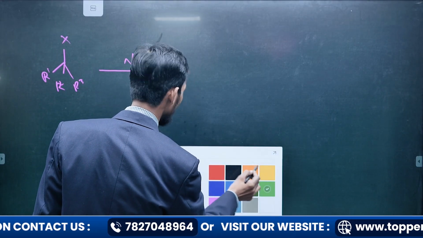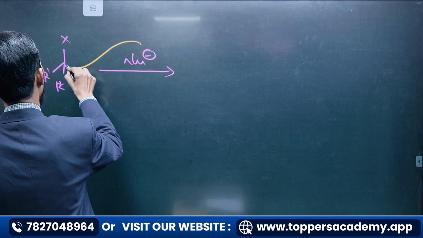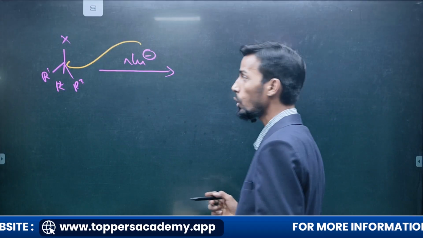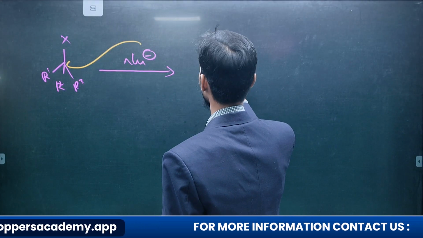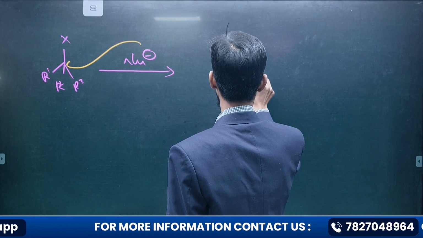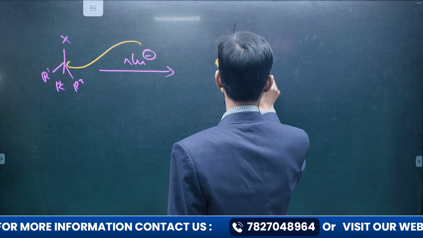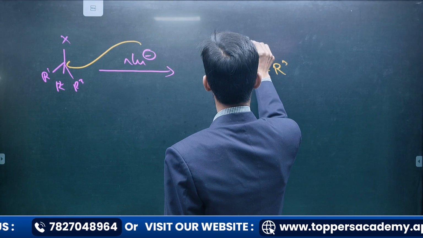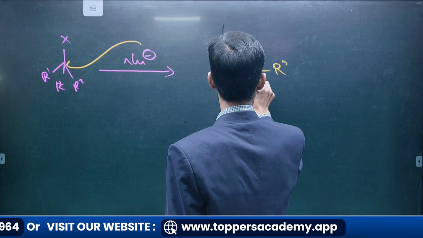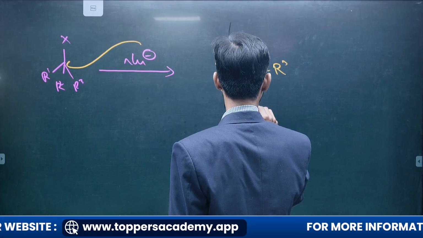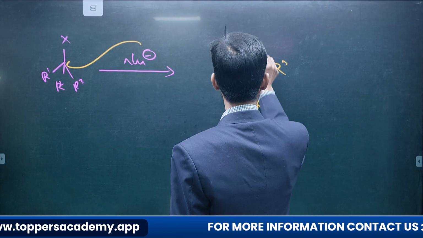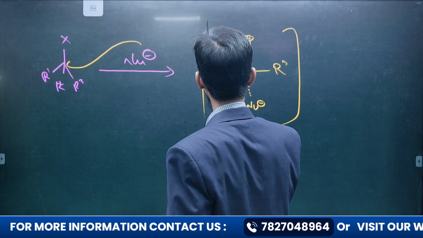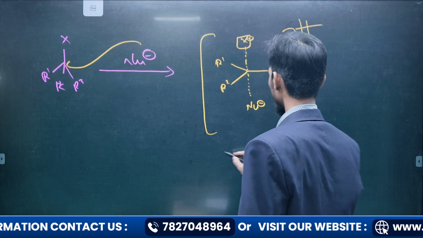This nucleophile is going to attack at this position. So we are going to get a transition state that will be like this. This also has a partial negative charge, and this also has a negative charge. This whole thing is a transition state.